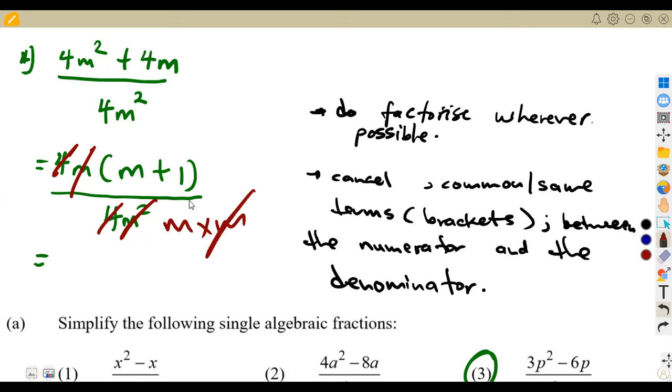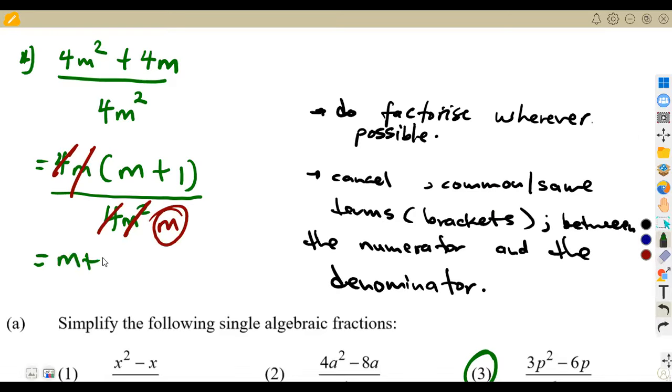If we cancel 1m, we remain with 1m. If there were 3, we cancel 1 and are left with 2. If there were 4, we cancel 1 and are left with 3. That is the scenario. So this can be written as m plus 1 over m.